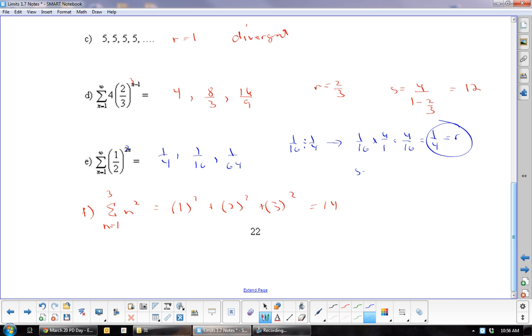So my S is A over 1 minus 1/4, and A is 1/4. That's a nice way to find A as well. Okay, this one, A and R are the same. And you will get the sum 1/3.